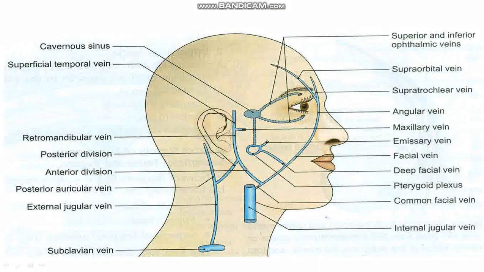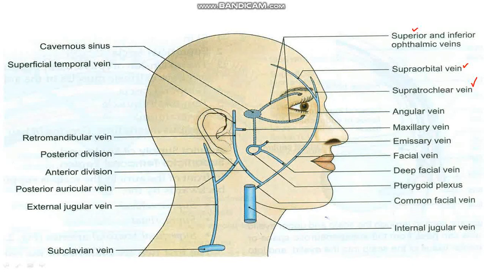Now we will talk about the venous drainage. The veins of the scalp accompany the arteries, and so they have similar names. Here you can see the superior and inferior ophthalmic veins, the supraorbital vein and supratrochlear vein.